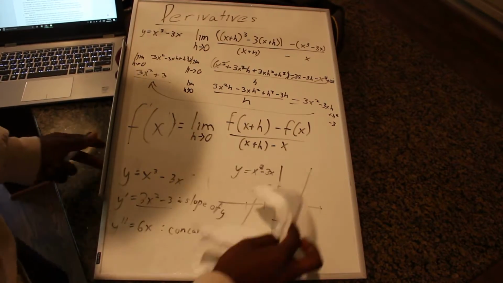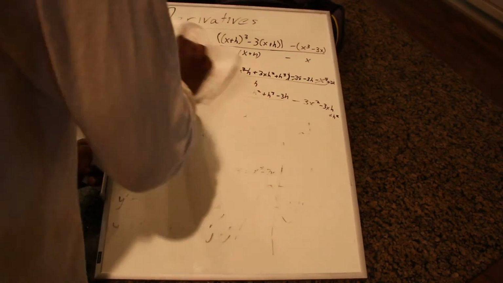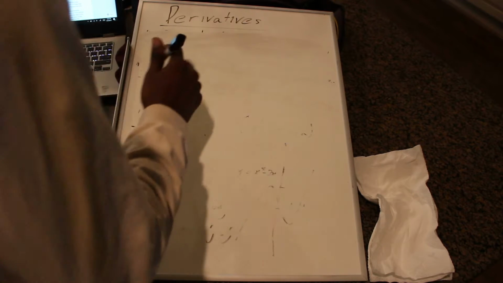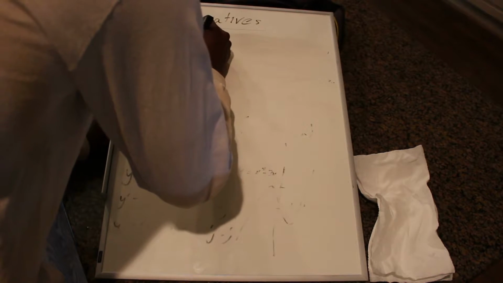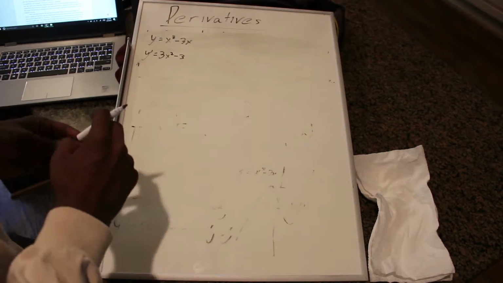So now let's talk about shortcuts to getting derivatives. Instead of doing that whole long drawn out process, we can use the power rule. The power rule is pretty cool because it saves a lot of time and it's very easy.